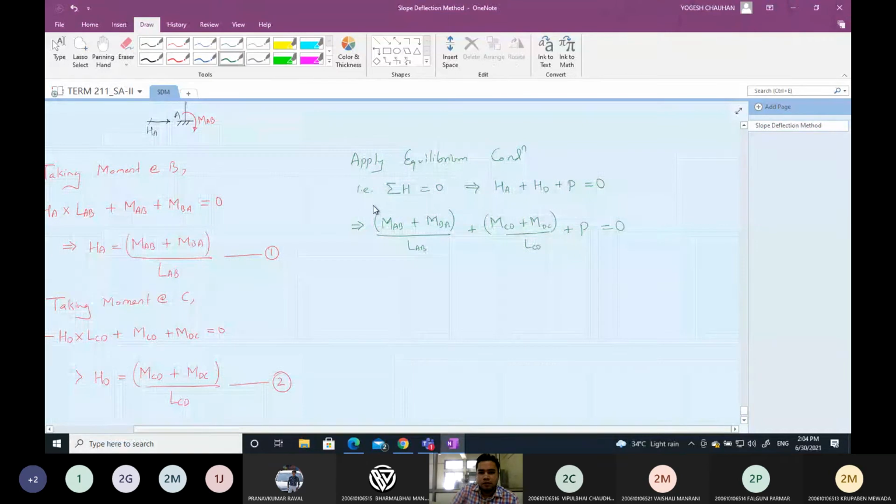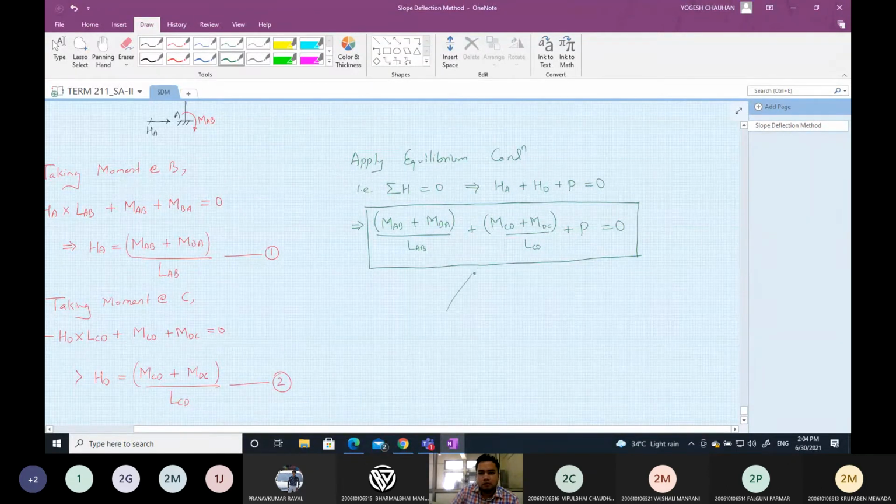Okay, so this is the additional equilibrium condition for sway frame case 2.